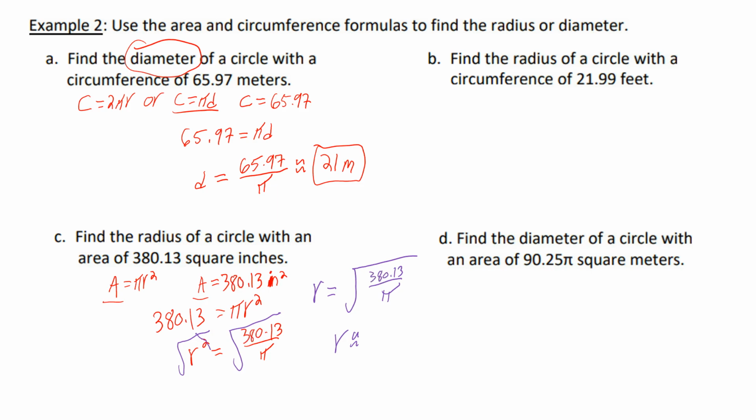And again, that's an exact answer. That's a mathematician's answer. But assuming they want you to round, which technically I don't see in the instructions, but I'm sure they want you to, just hit square root of parentheses 380.13 divided by pi, or 3.14. Close your parentheses, and it goes to about 11 inches.